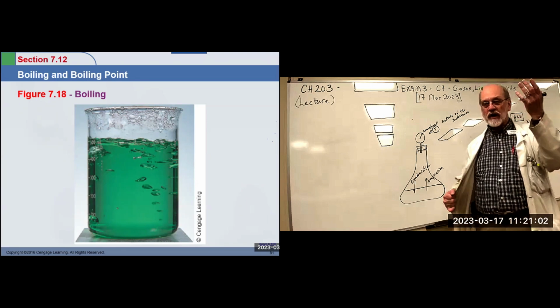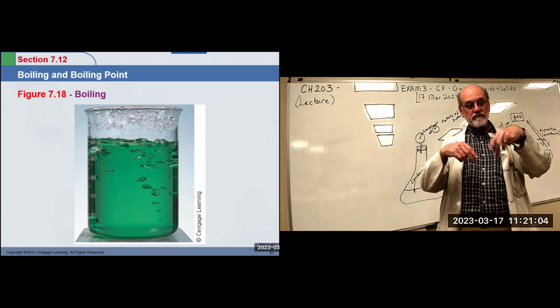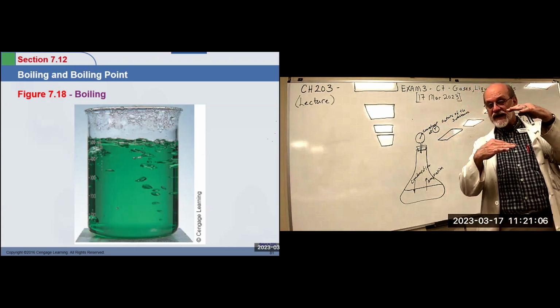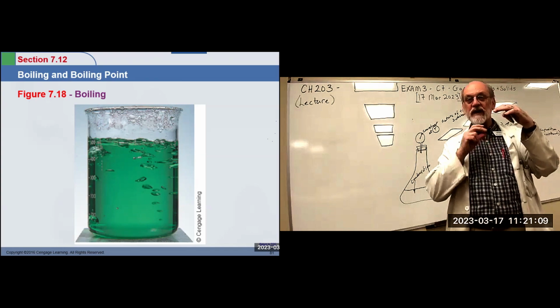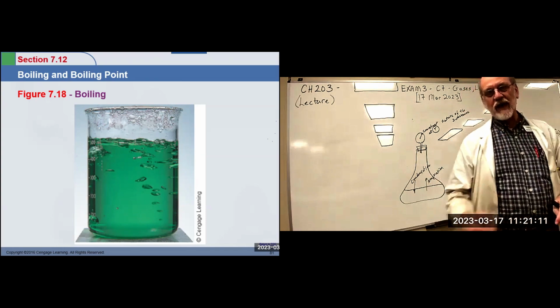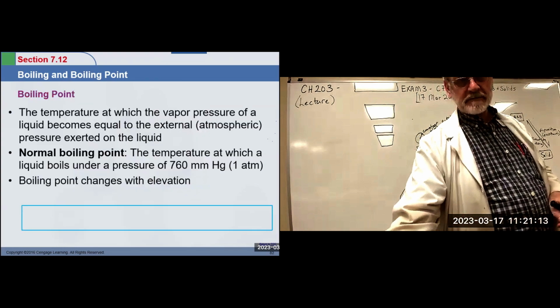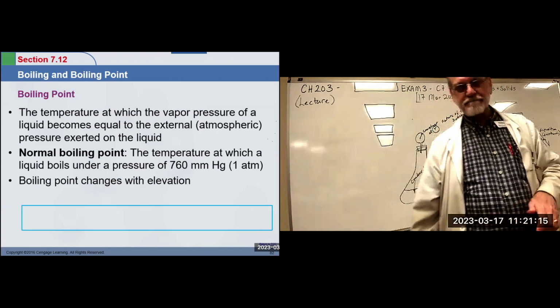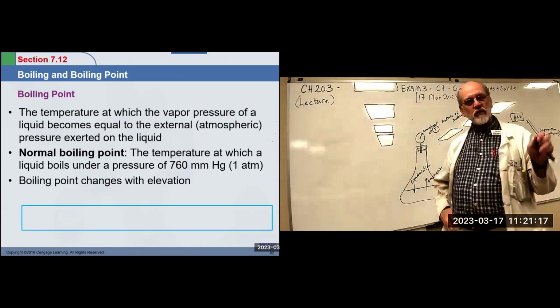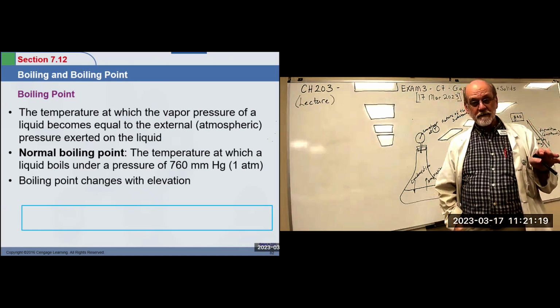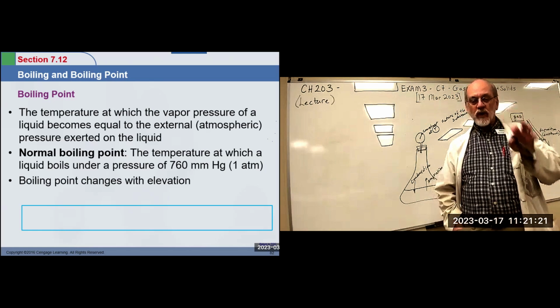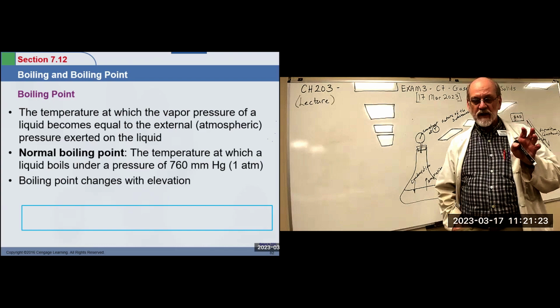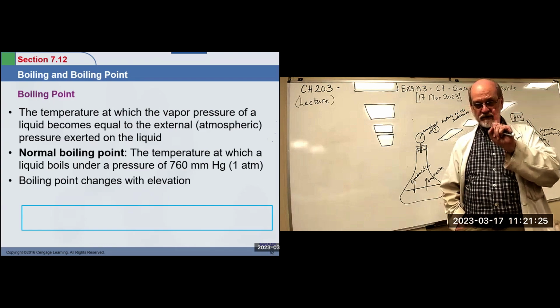Once those are all gone, it may stop producing bubbles for a little while, and then once it reaches its boiling point, then you get the water vapor coming out. So when we say normal boiling point, we're saying at what temperature does the liquid boil at 1 atmosphere pressure?